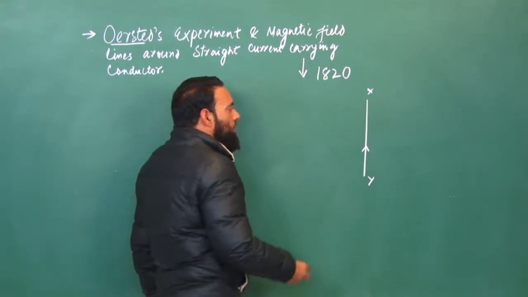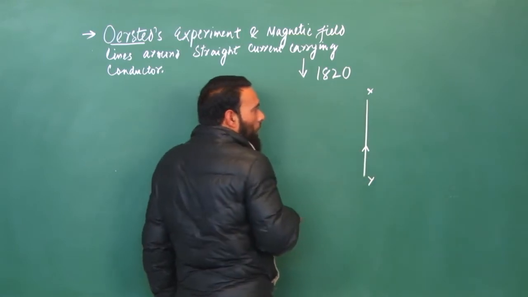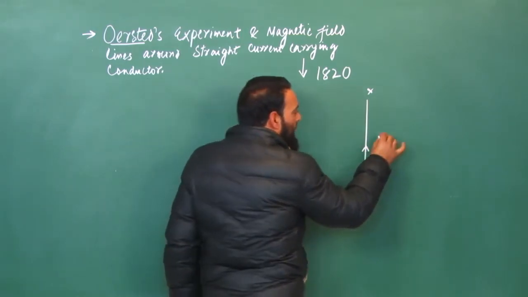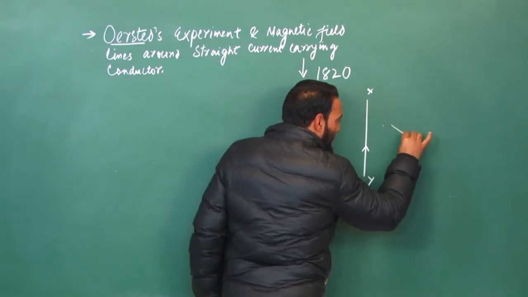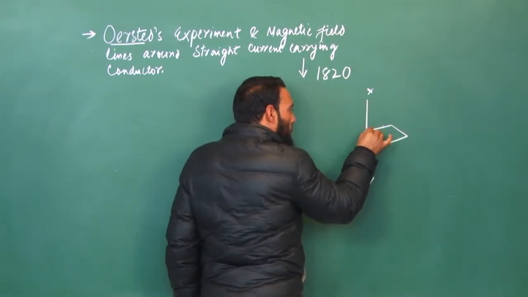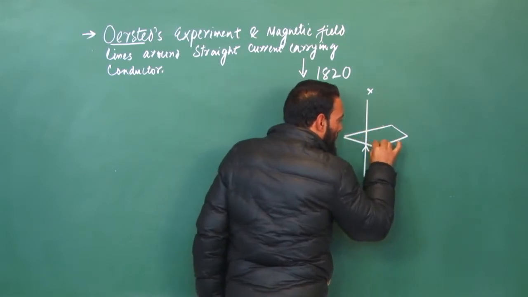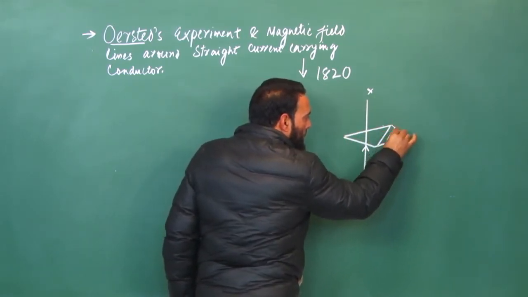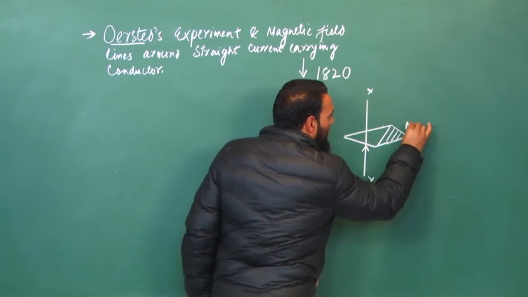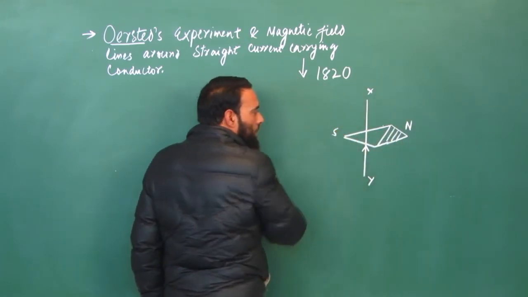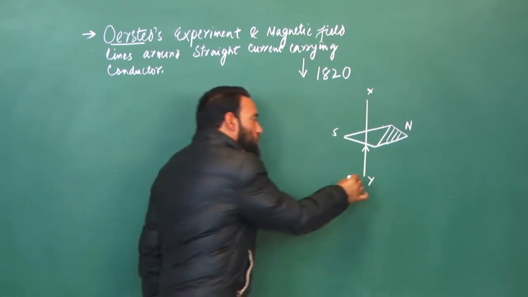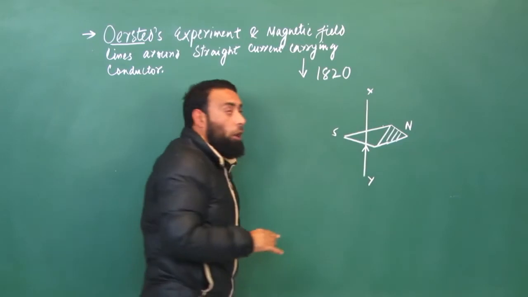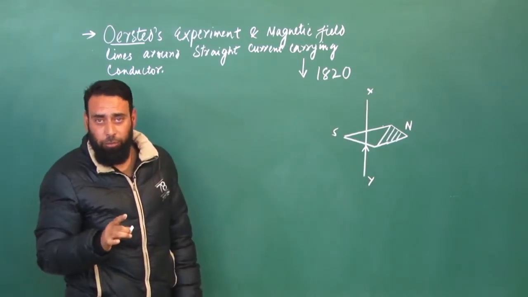If we place a compass needle perpendicularly over it, like this, with this being the north side of the needle and this the south side, then when the current flows through this straight conductor, the needle over it shows a deflection.